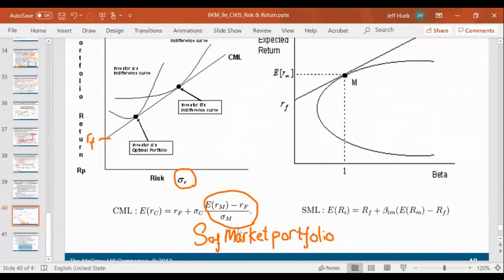The Sharpe ratio is the slope of this line, right?